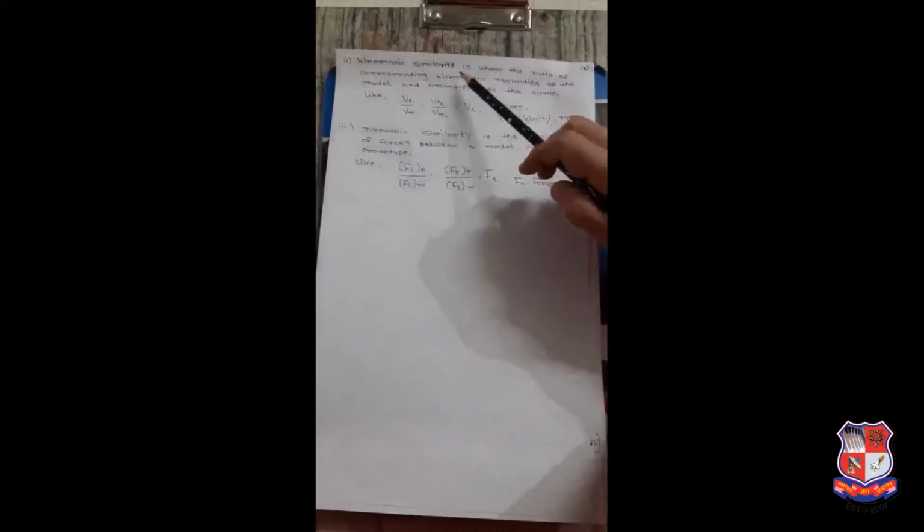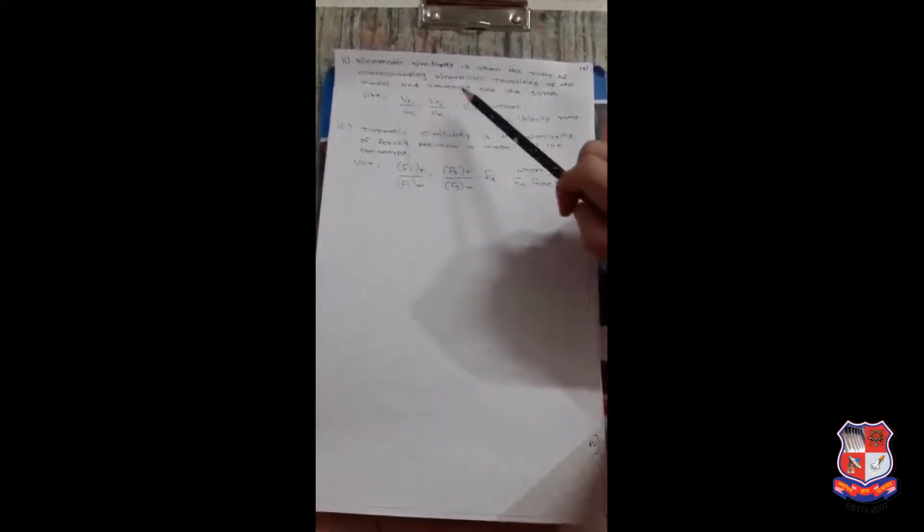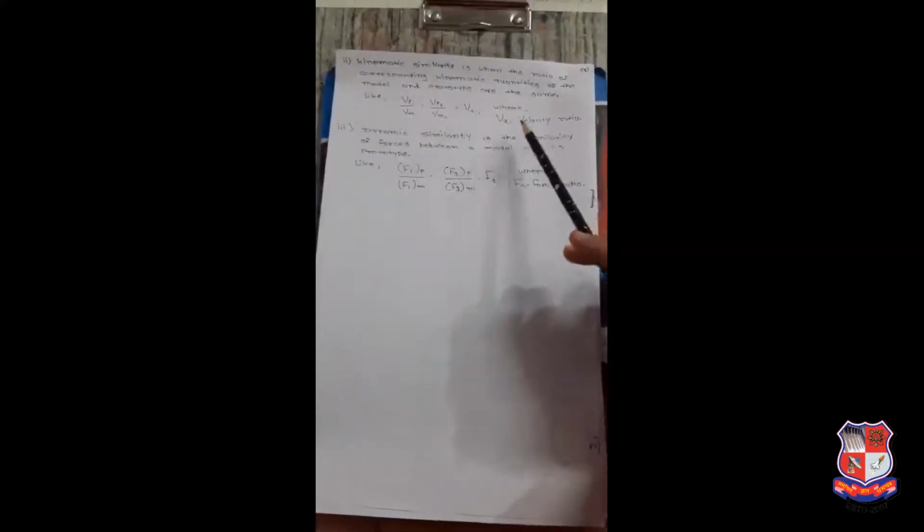Kinematic similarity is when the ratio of corresponding kinematic quantities of the model and prototype are the same. Like velocity in the prototype at point 1 divided by velocity in the model at point 1 is equal to Vp2 divided by Vm2 is equal to Vr, where Vr is the velocity ratio.